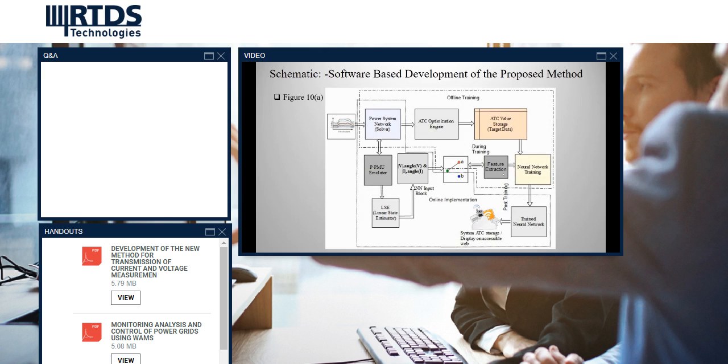Here, we have illustrated the software-based development of the proposed method using a schematic.